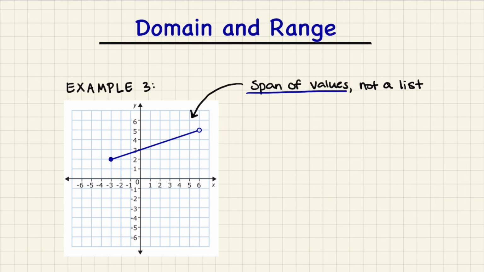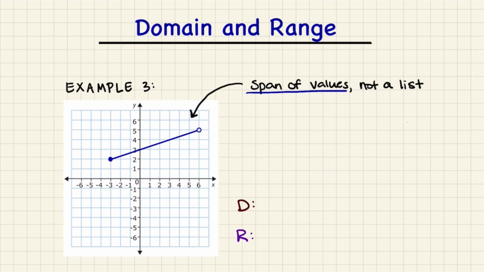The first thing is how we write them. The way we write this is the lowest value goes first, and then we write a comma, and the highest value is next.